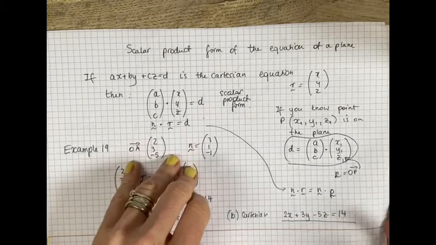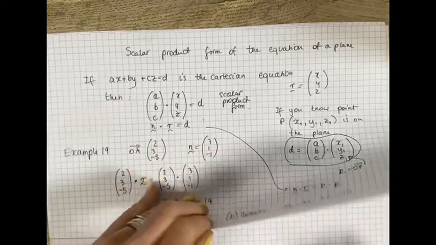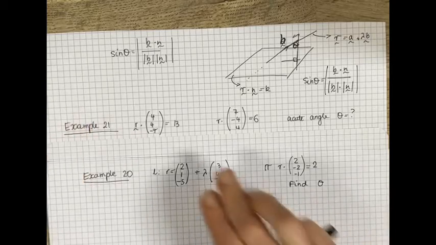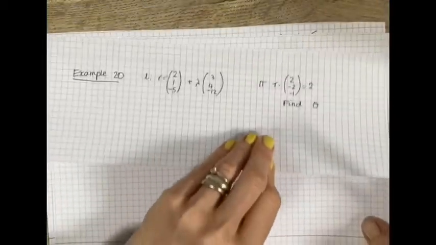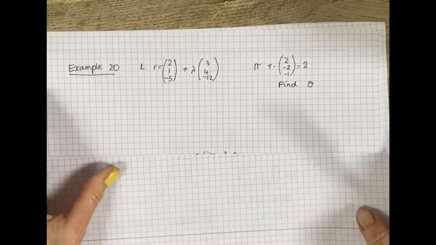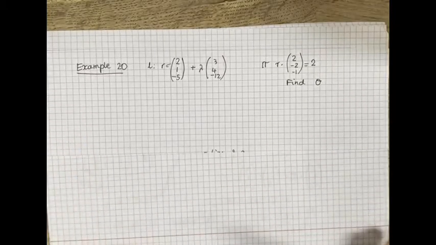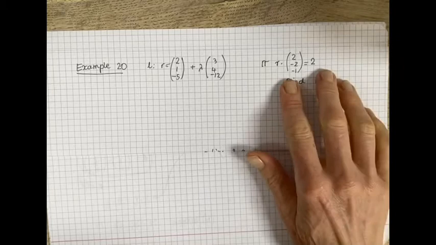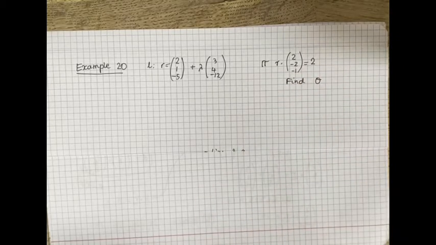Okay, two more examples. So let's have a go at example 20. Line L is given, and we've got pi, the equation of the plane, and we need to find an angle between the line and the plane.